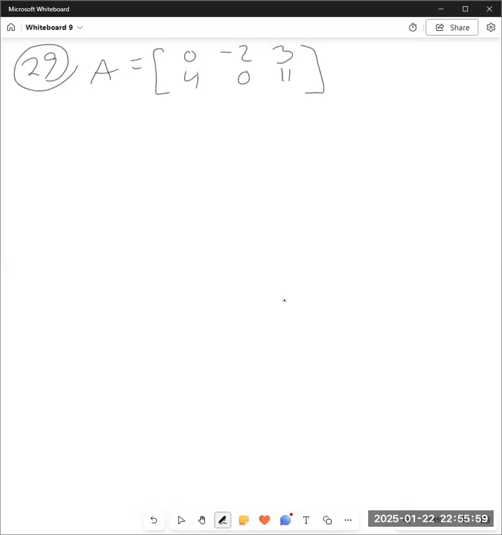And let's find the kernel of this. So that is going to be [0, -2, 3, 0; 4, 0, 11, 0].